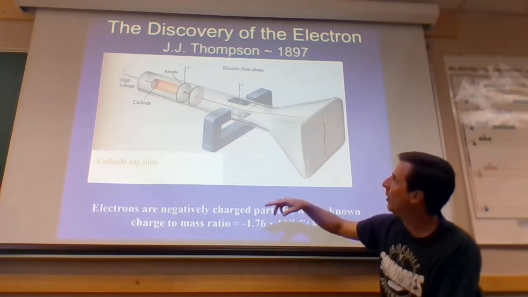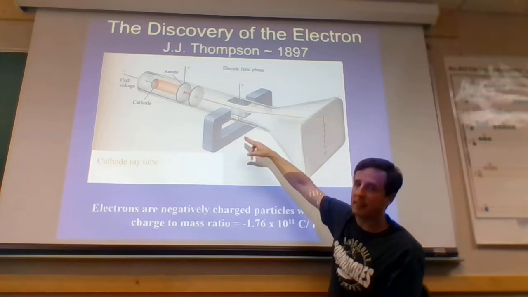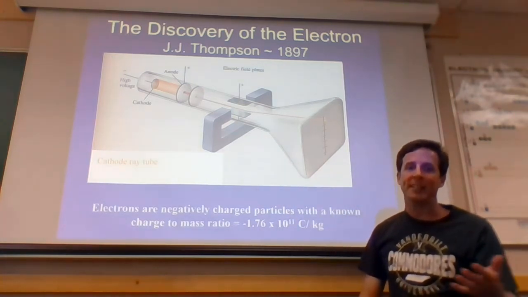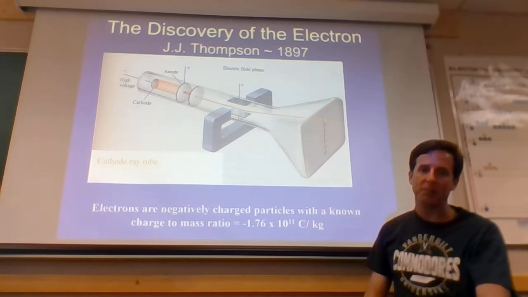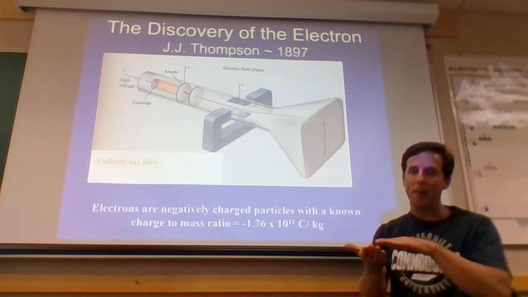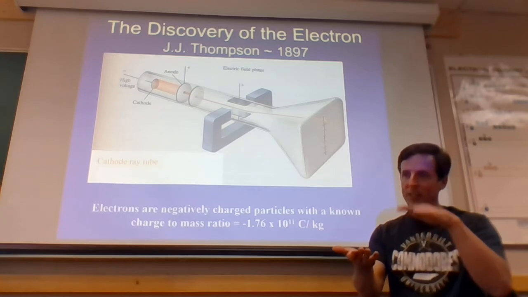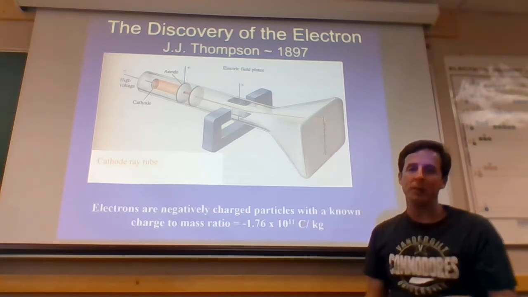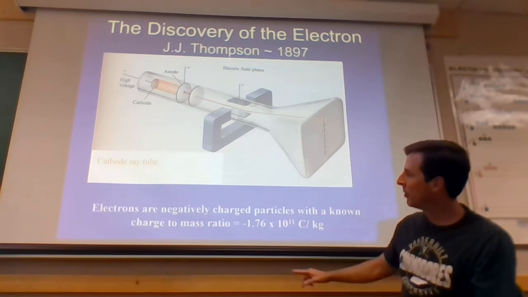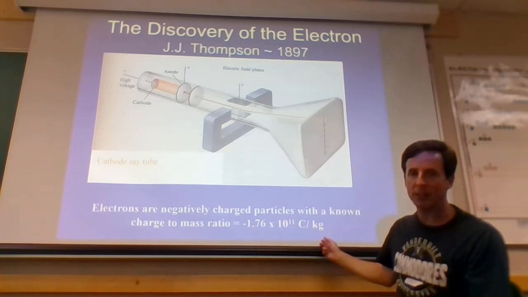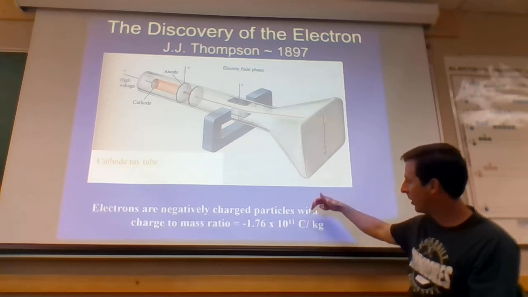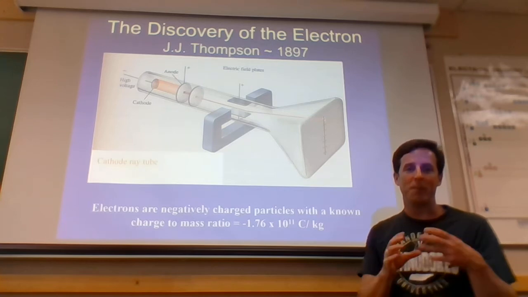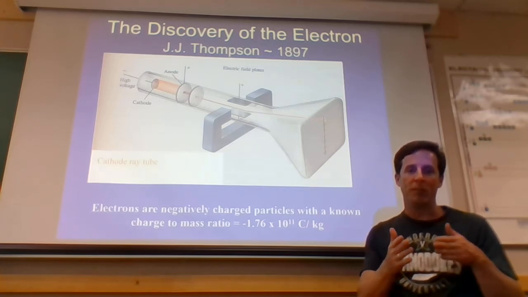The particles that flew out, if you pass them between charged plates, he noticed that the electrons were attracted to the positive plate and repelled by the negative plate, and based on the amount that as the electrons passed between the plates, the amount that they curved in their path, he was able to calculate the charge to mass ratio of the electron. Okay, the units are coulombs per kilogram, but basically it's the idea that the heavier a particle is, the more of a straight line it'll travel in.